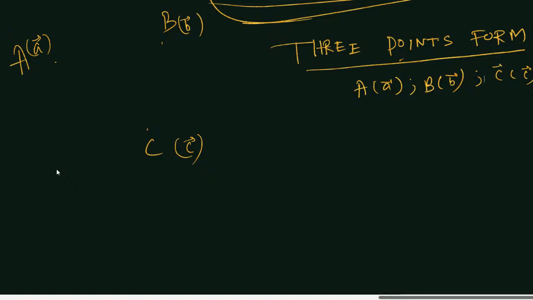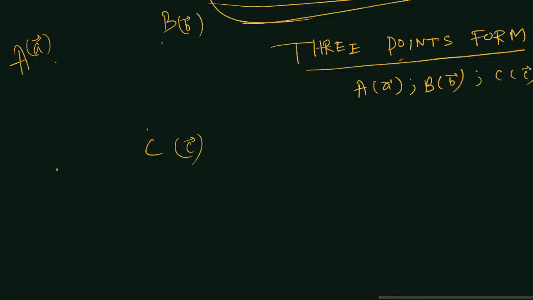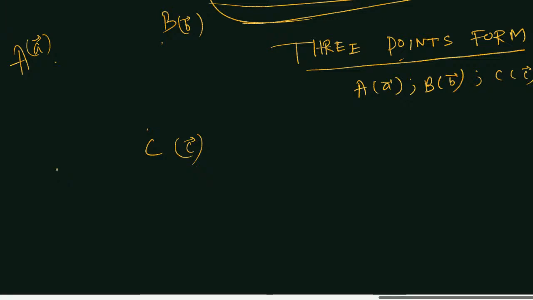A, B and C. To find the equation you need an arbitrary point. Take P as the arbitrary point. Okay? Take P as an arbitrary point on the plane. Okay, A, B, C are given points and this is the arbitrary point. It can lie anywhere.